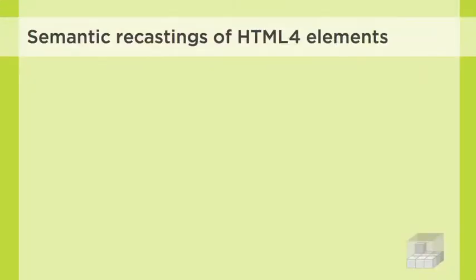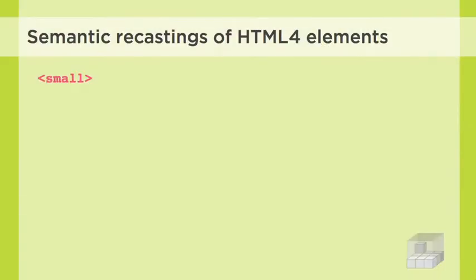In addition to the semantic refinements that HTML5 brings, there are several elements that HTML5 semantically recasts as being meaningful that used to be presentational. The first of those is the small element, which typically has been used as a counterpart to big, but has been recast to mean anything that's small print, which in this case means, from a meaning perspective, disclaimers, caveats, copyrights, all of those kinds of content that you put in your page.